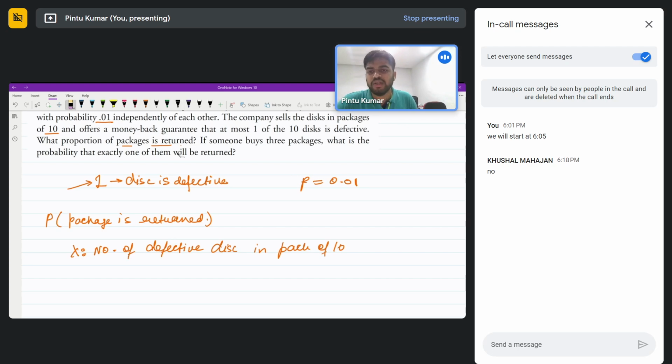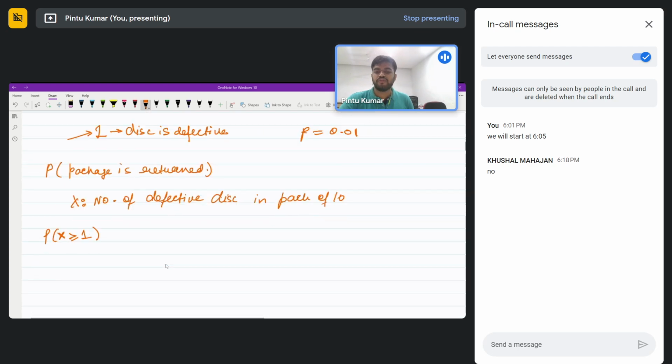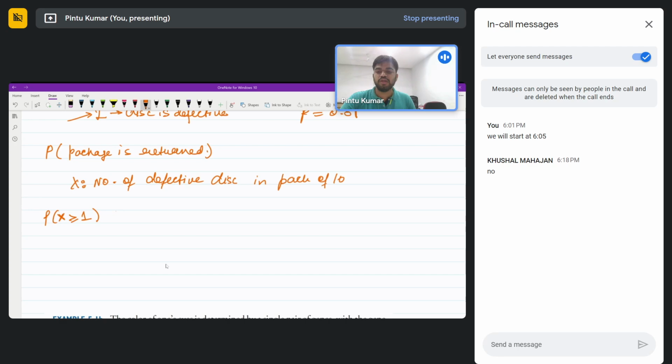So how is that calculated? So the probability that x is greater than or equal to 1, that is the number of defective disks is greater than or equal to 1, is what you have to calculate. What is this equal to? This is equal to 1 minus the probability that your x is equal to 0.